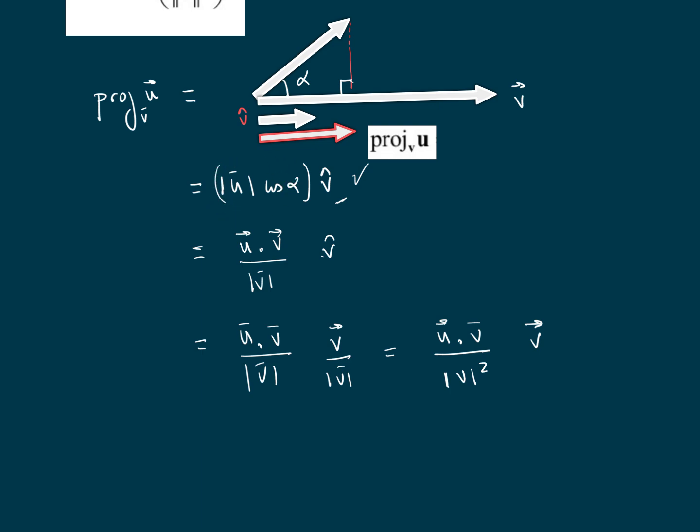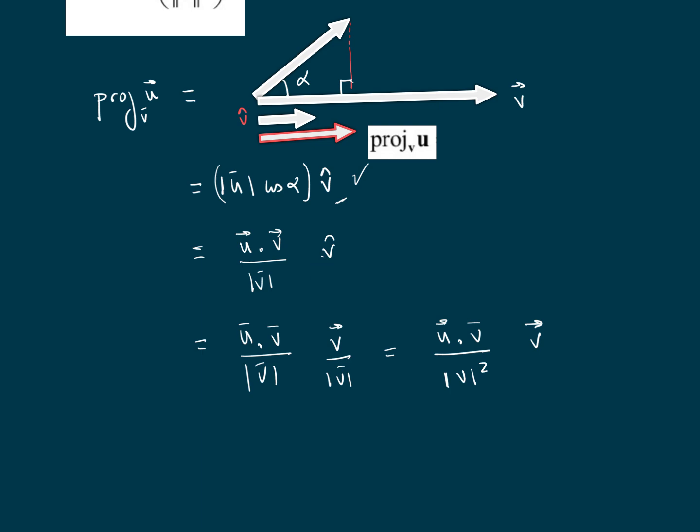Magnitude of U cosine of alpha is the same as U dot V divided by the magnitude of V, multiplied by the unitary vector V. Perfect. So this is the vector that represents the projection of U onto the direction of V.